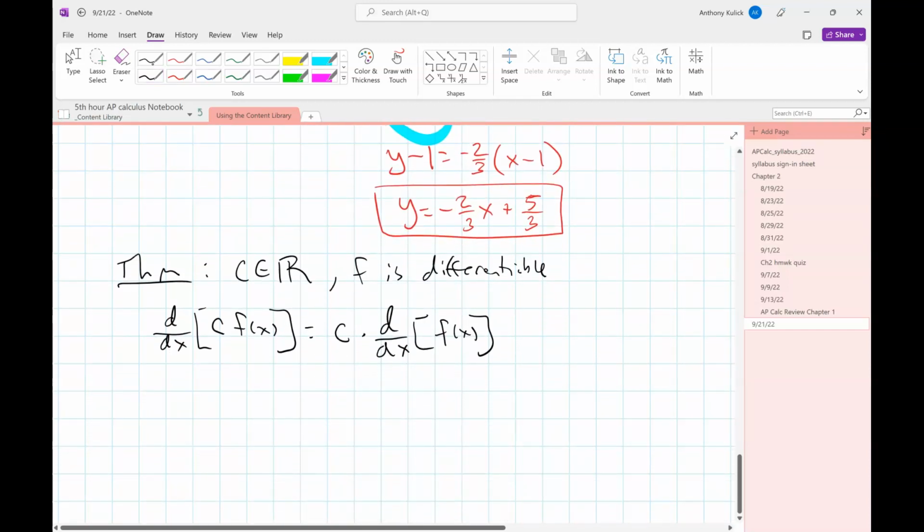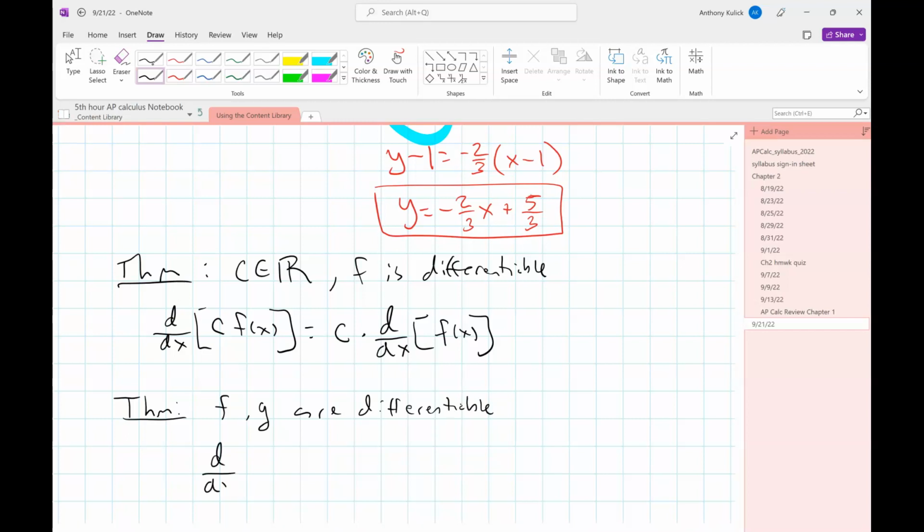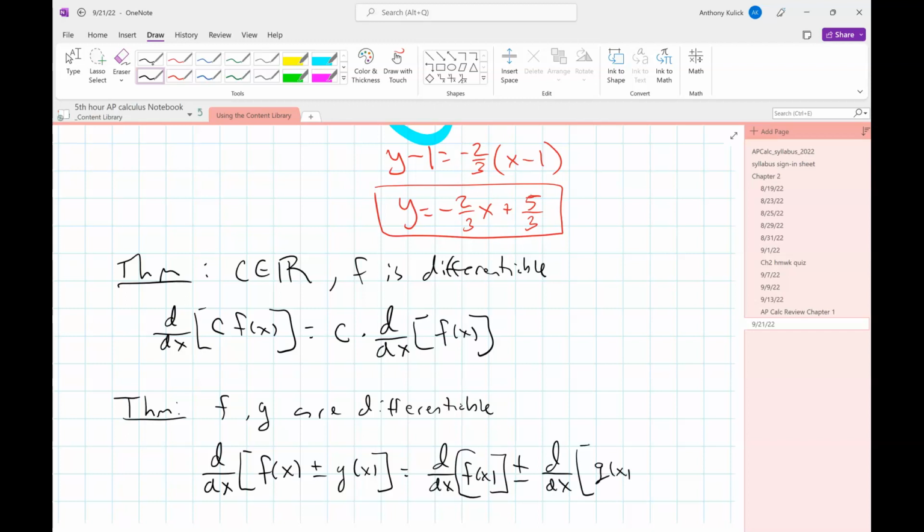I'm going to skip the proof here in the interest of time. So if f and g are differentiable, then the derivative of f of x plus or minus g of x is just going to be the derivative of f of x plus or minus the derivative of g of x.